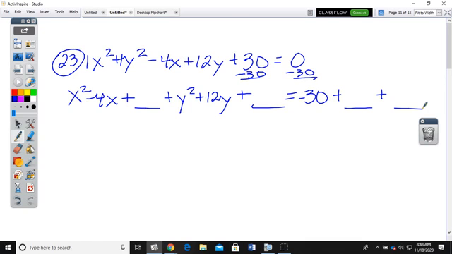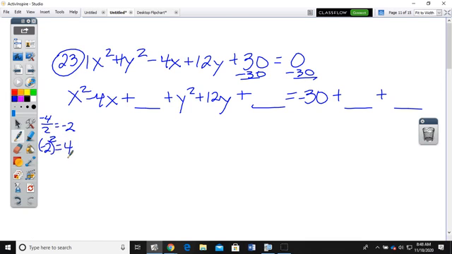You take your b, -4, and you divide it by 2. What does that equal? -2. Then what do you do to the -2? It's called completing the square, so you square it, and you get 4.